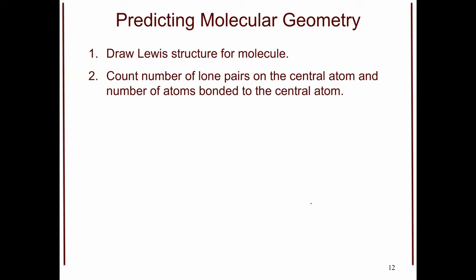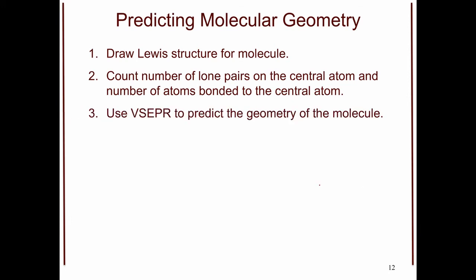However, what you will then do is say, once you get the parent, knowing that you have lone pairs on the central atom, then you must go and use your VSEPR theory to predict the molecular geometries. So there's a very nice progression when working through our molecular geometries. Draw the Lewis structure. Use that Lewis structure to find out how many attachments you have, attachments being lone pairs and bound atoms grouped together.